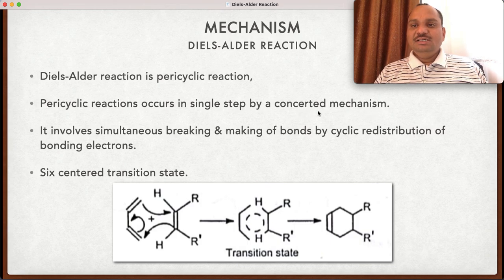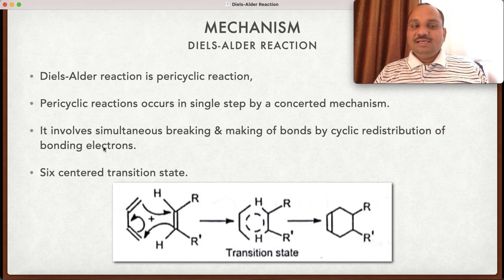Then what is meant by the concerted mechanism? In the concerted mechanism, there is simultaneous breaking and making of bonds by cyclic redistribution of the bonding electrons. It means there is the breaking of some bonds and making of some bonds simultaneously, and there is redistribution of the bonding electrons.